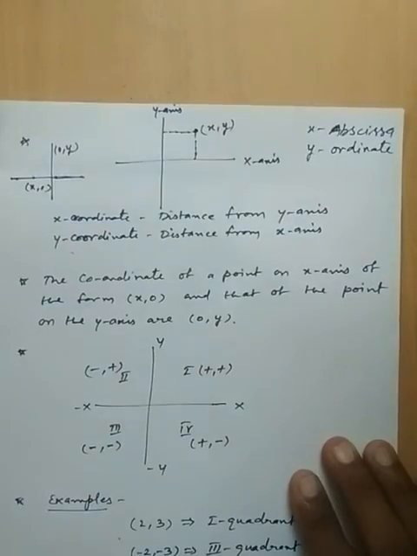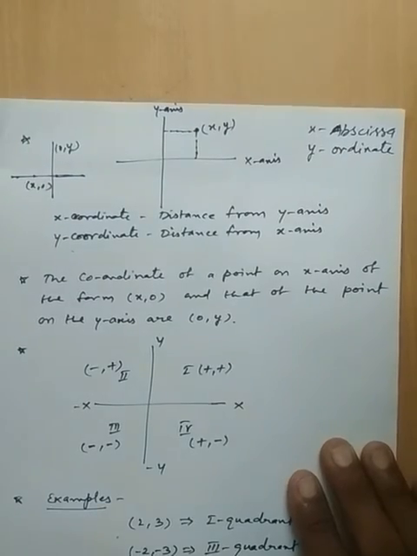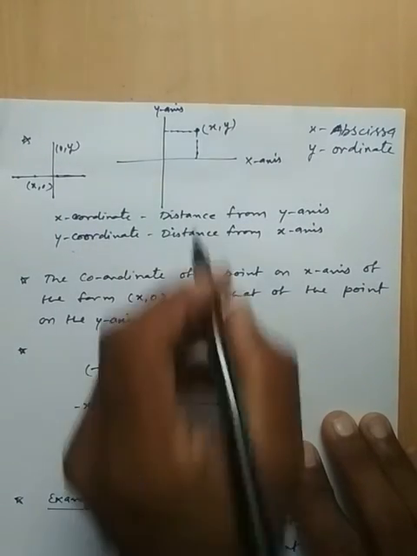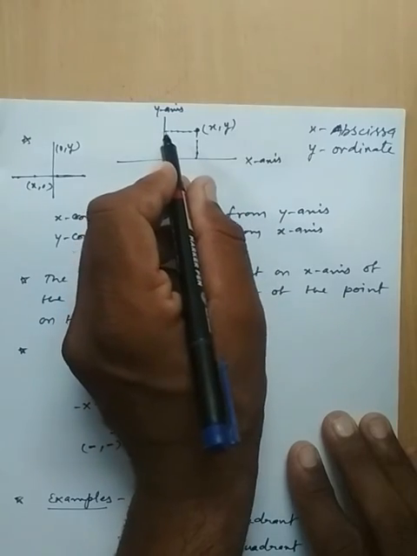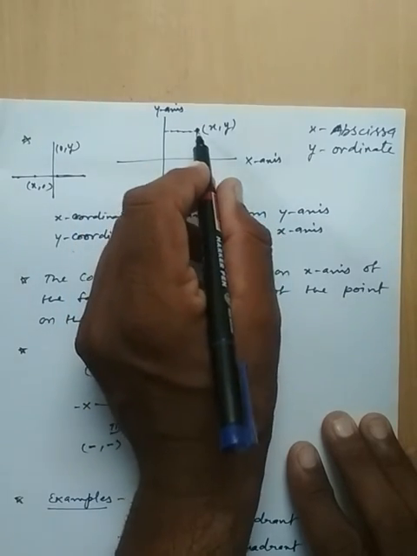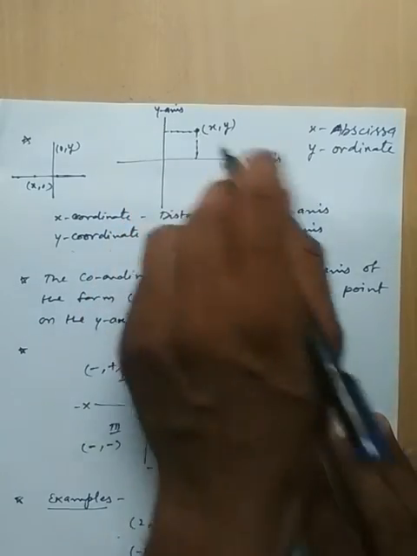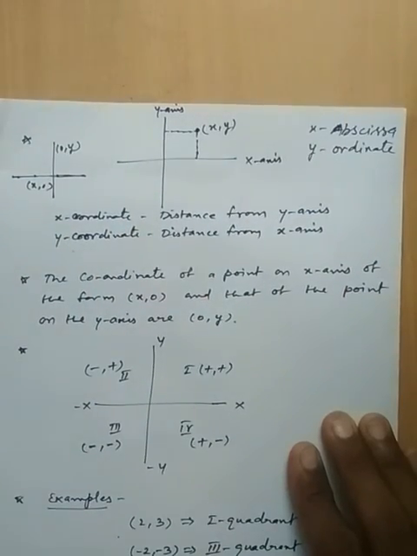So abscissa is the x coordinate of any point, and ordinate is the y coordinate of any point. The x coordinate is the perpendicular distance from the y-axis, and the y coordinate is the perpendicular distance from the x-axis to the point, and this is called the coordinate of any point.